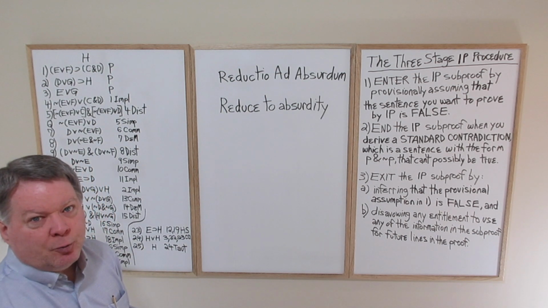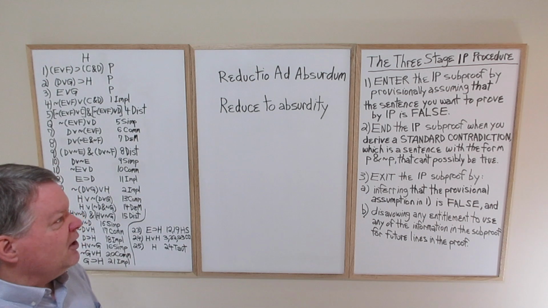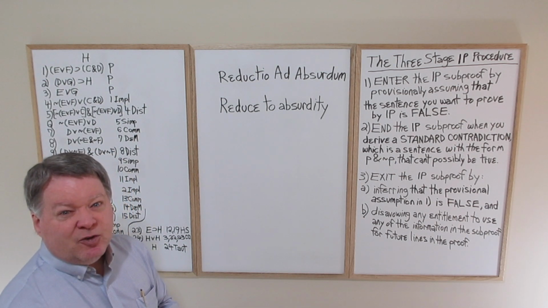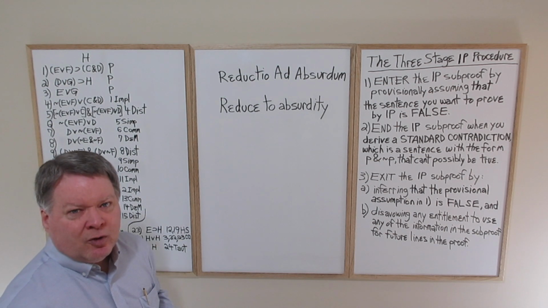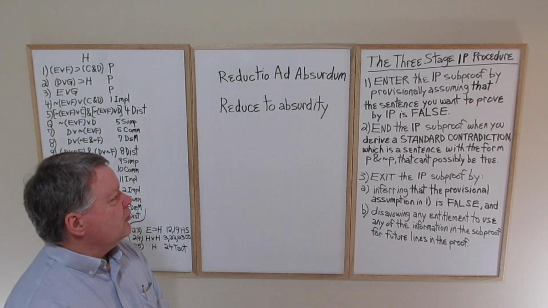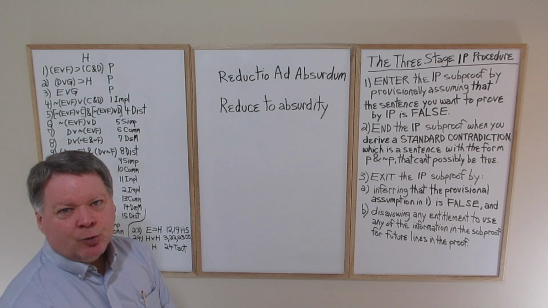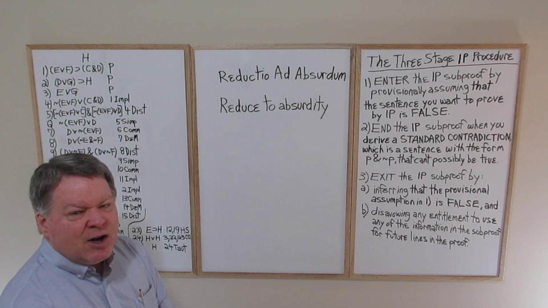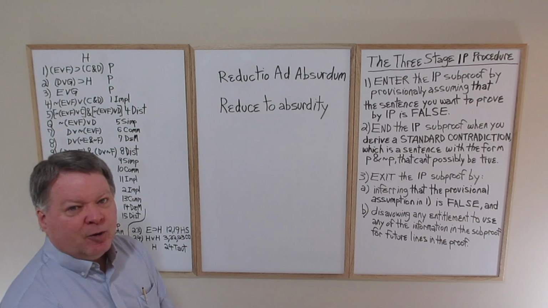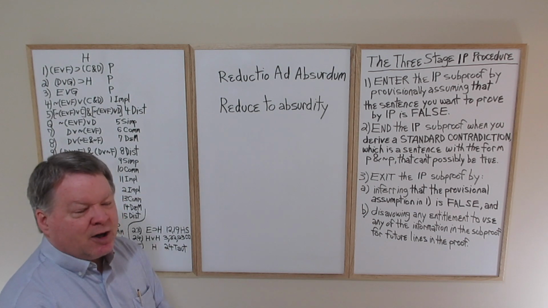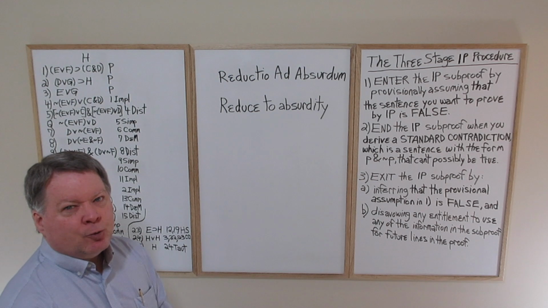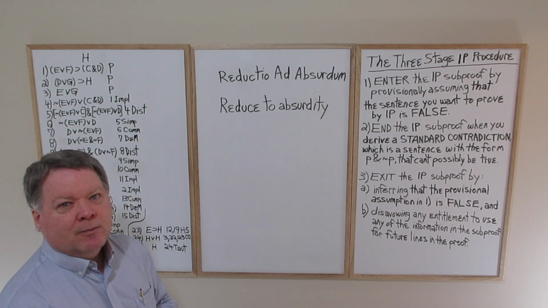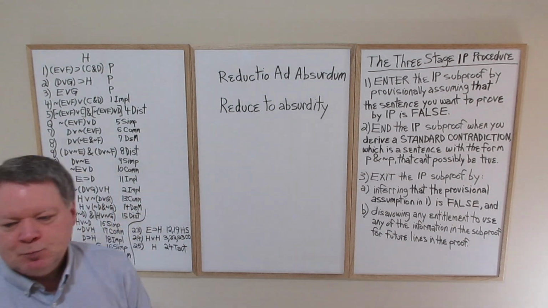Since standard contradictions can't possibly be true, the provisional assumption that my position is false, which forces that upon us, can't possibly be true either. That is a proof, an indirect proof, that the position I'm trying to convince you of must be true, because its negation can't be true.